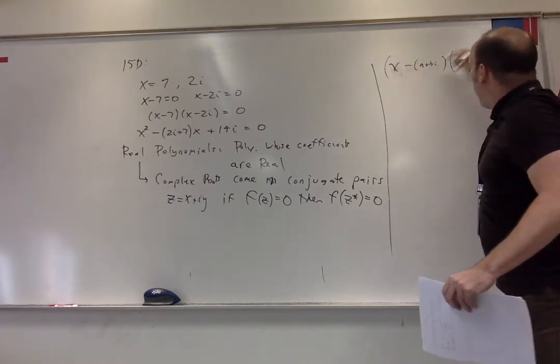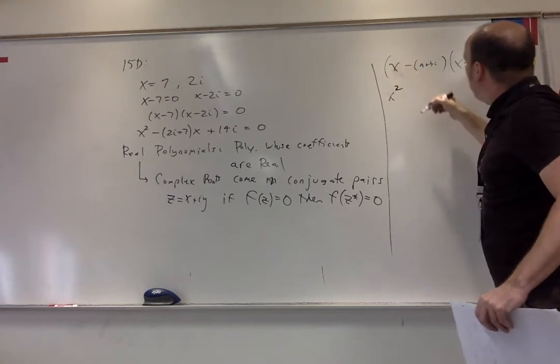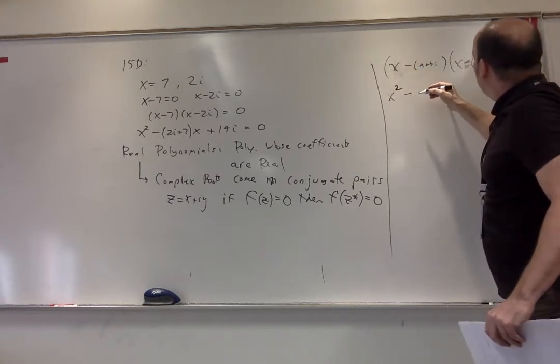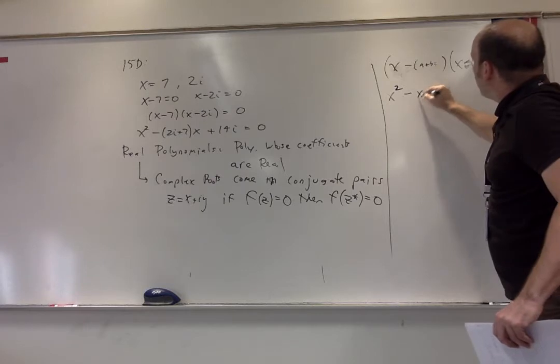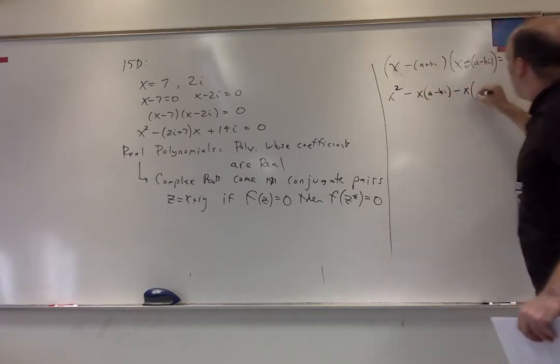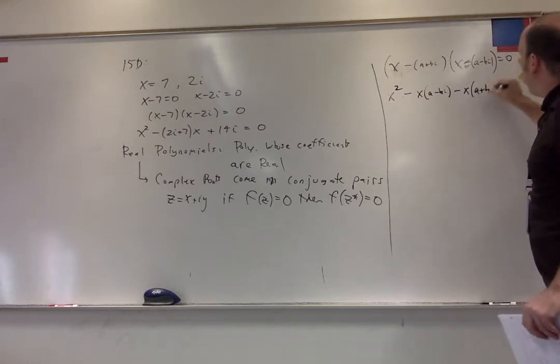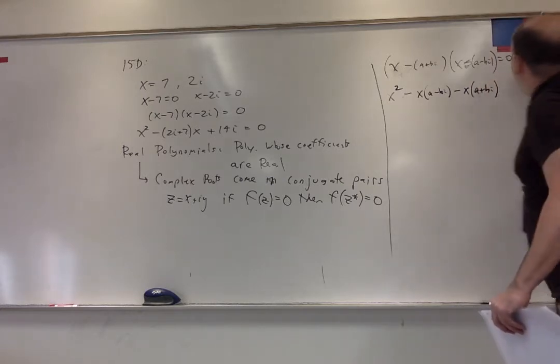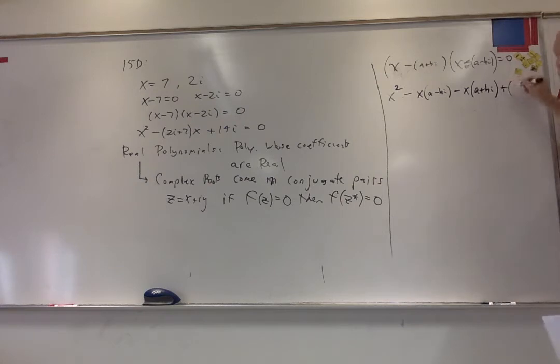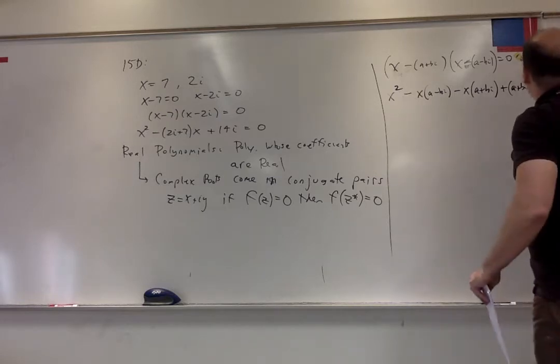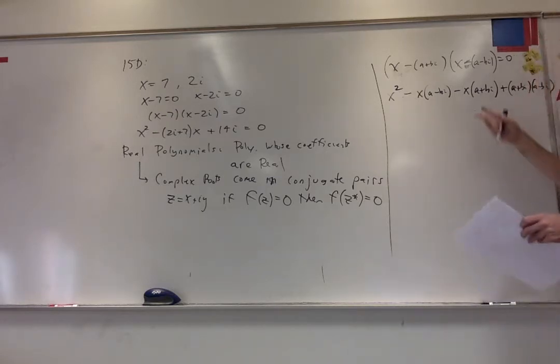And we can do the FOIL method, so we have x squared minus x times (a minus bi) minus x times (a plus bi), and then plus a number times its conjugate. So once again, I'm just working backwards, right?